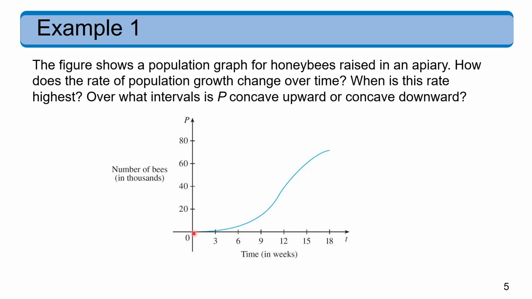So starting at time 0, it's increasing but very slowly, right? It's not going up much at all for the first 5 or 6 weeks. Okay, so we'll say this first part is very slow growth. And here the growth is referring to the rate of population growth, right, that they asked us about.